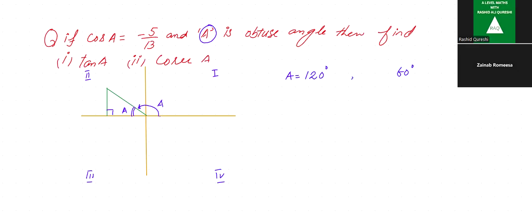So if you want to find the sine of angle 120 degrees and the sine of angle 60 degrees, the cos of angle 120 degrees and the cos of angle 60 degrees, the tan of 120 degrees and the tan of 60 degrees, now I have to use the calculator over here.